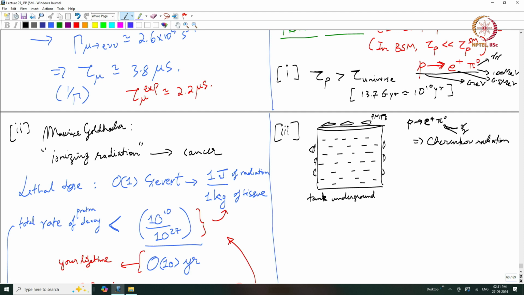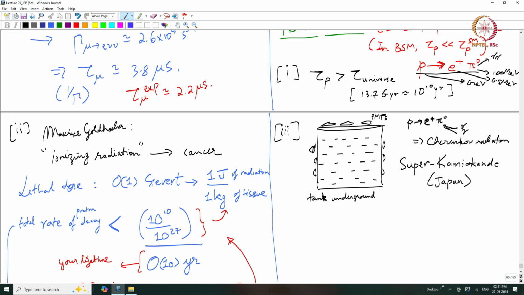And you can pick out the photons coming from the Cherenkov radiation in the PMTs. Okay. This is the principle of the leading experiment in this business called Super-Kamiokande. I have just described the essentials of that experiment, in Japan.